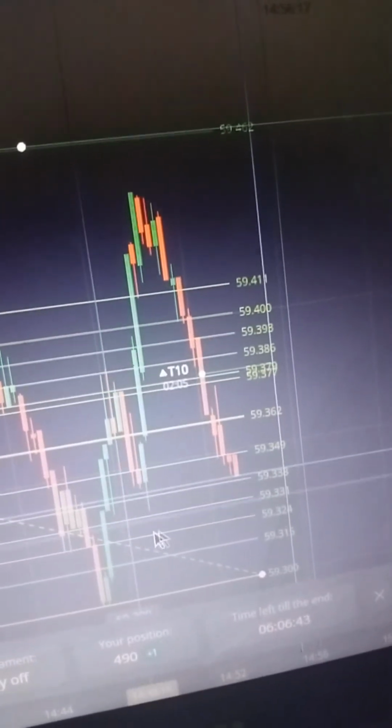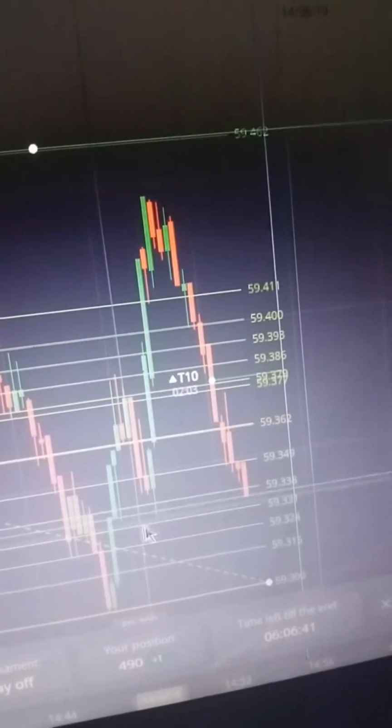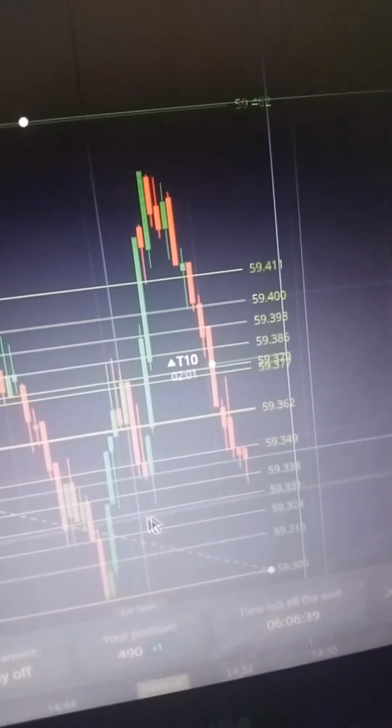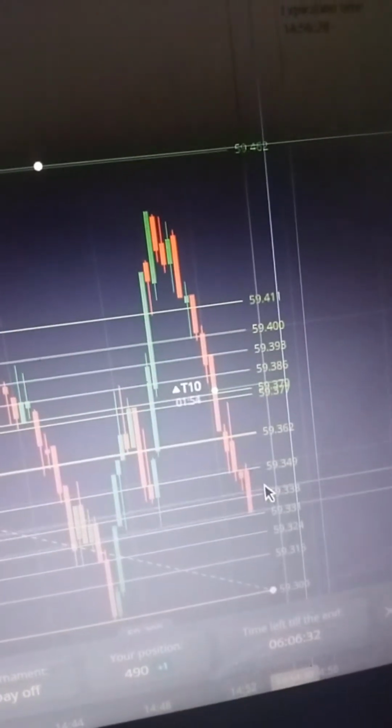Okay, so here we see price just disrespecting the imbalances, right? Maybe we are trying to clean these lows, and then after that, a change of character.